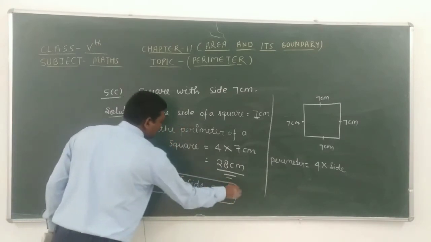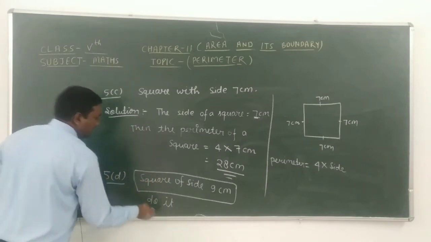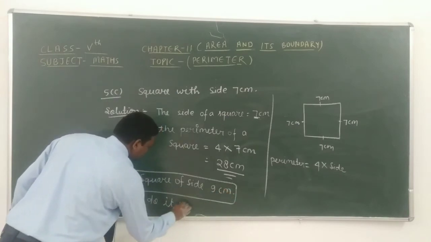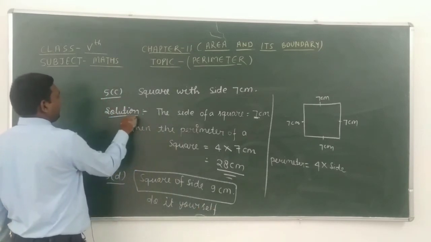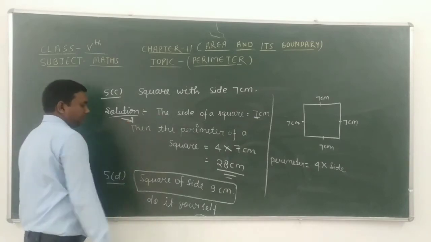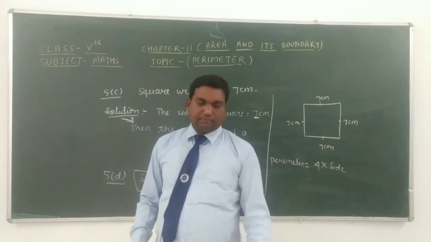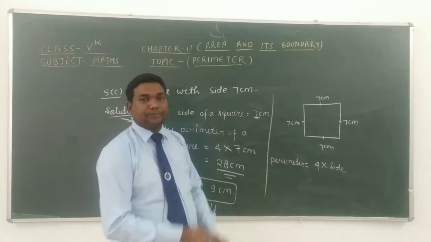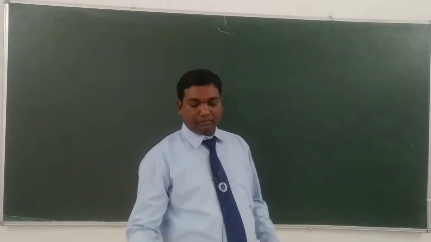Dear students, do it yourself, with the help of question number 5 of C. Understand? Okay dear students, if you have any doubt, please ask me on my personal WhatsApp number or contact me. Okay dear students, now let's start question number 7.